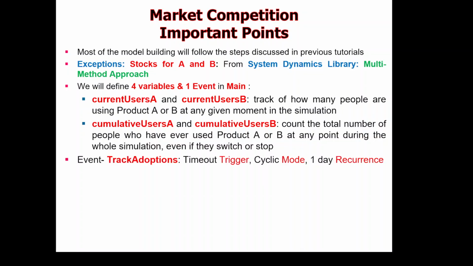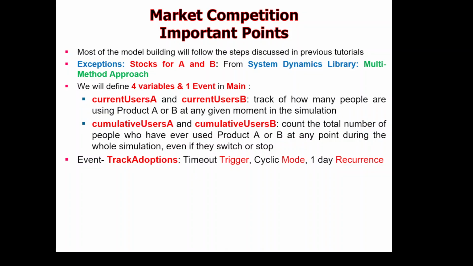And then we will define an event, we will call it track adoptions. Basically the purpose of all this is that we want to know how many agents have used product A or product B in the entire simulation time.